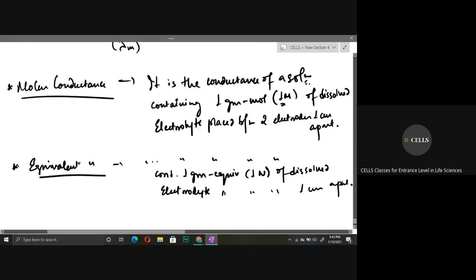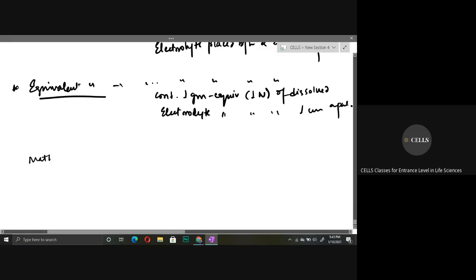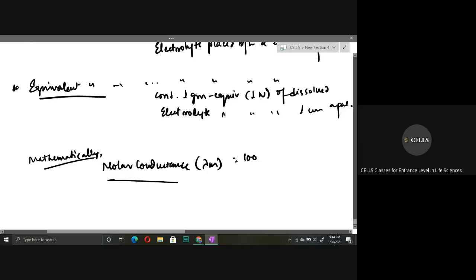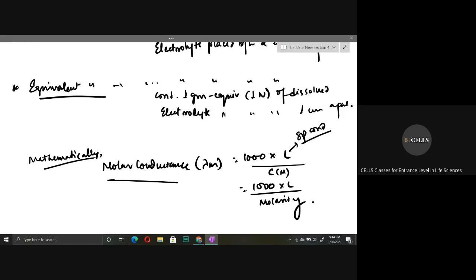Now, mathematically, for the molar conductance, you need to remember this formula: lambda m is equal to 1000 into capital L, the specific conductance, divided by the concentration in moles, that is, the molarity.